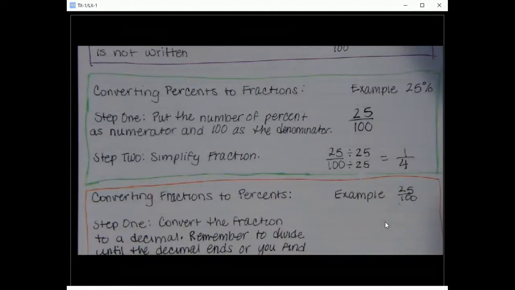So I am left with my fraction of 1/4. So very similar to how we convert decimals to fractions, except in this case, all we have to do is put 100 as the denominator instead of trying to figure it out.